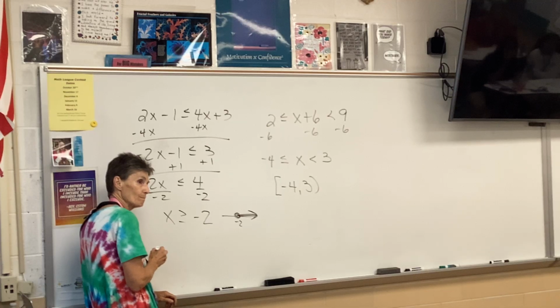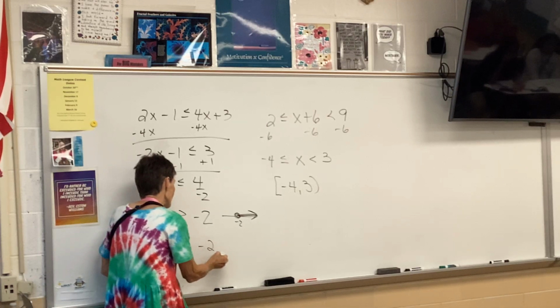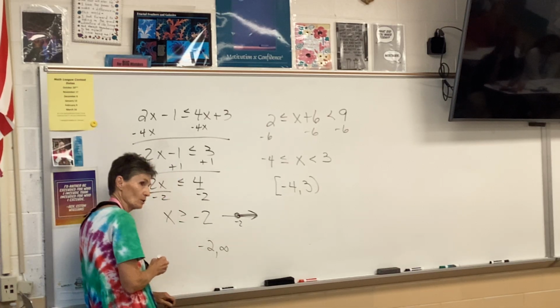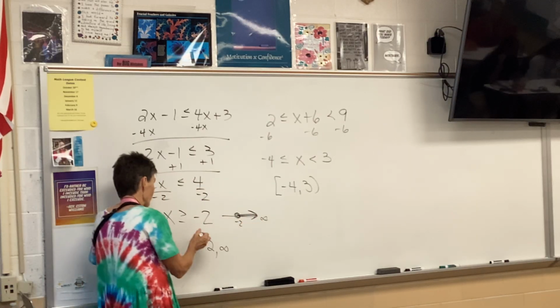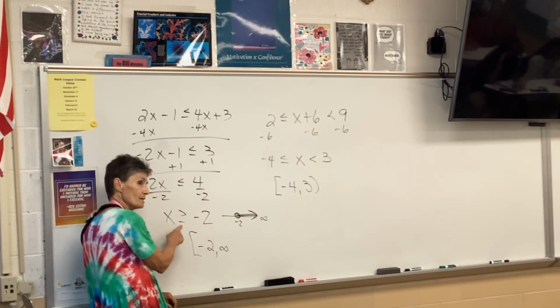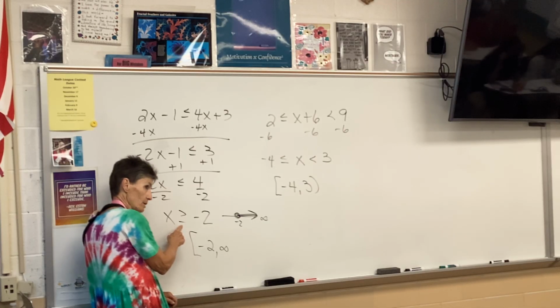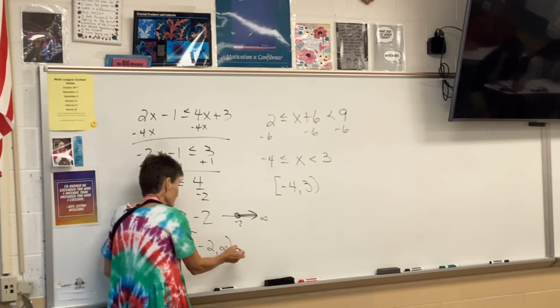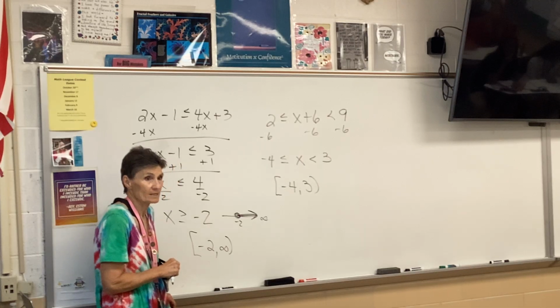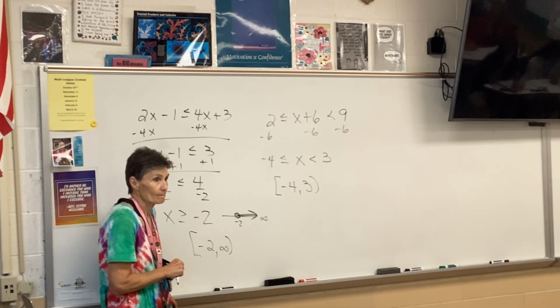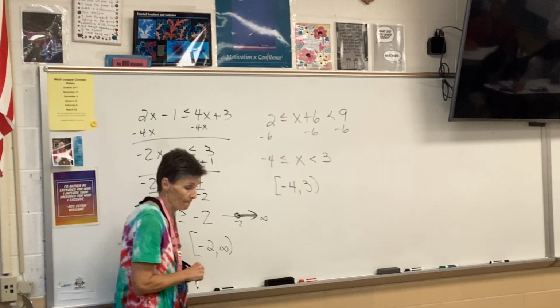Negative 2, comma, infinity. Bracket at negative 2 because it's an or equal to, and a parentheses around infinity because infinity is always a parentheses. Okay.